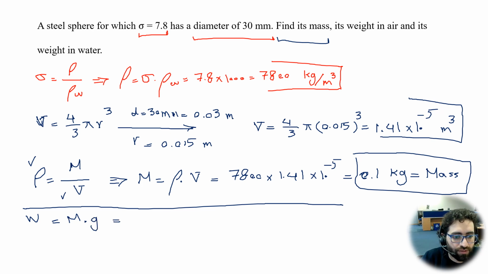So it would be 0.1 times 9.81, which is 1.08, and the unit is Newton.